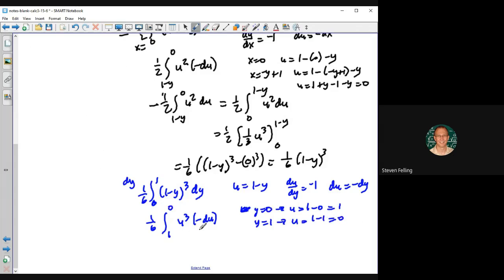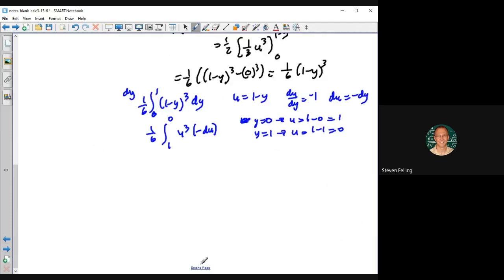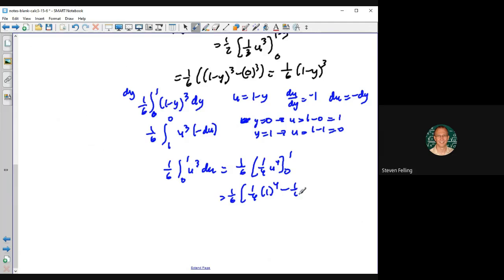Okay. So I'm going to do the same thing as I did up there. If I ignore the negative, I can reverse the limits of integration. u cubed du. So we have 1/6 times 1/4 u to the 4th, from 0 to 1, which is 1/6 times 1/4 1 to the 4th minus 1/4 0 to the 4th.